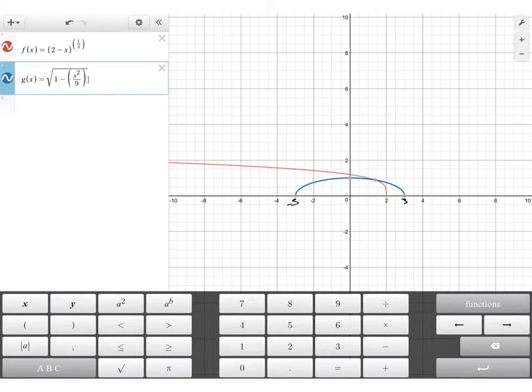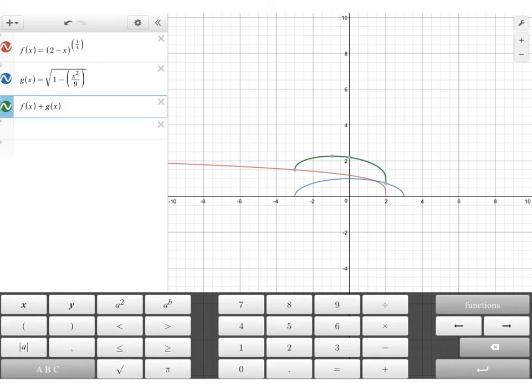And what is underneath this radical has to be positive. So x squared over 9 can't exceed 1, so x squared can't exceed 9, nor can x be less than negative 3. Now the fact that f of negative 3 is 0 is significant here.